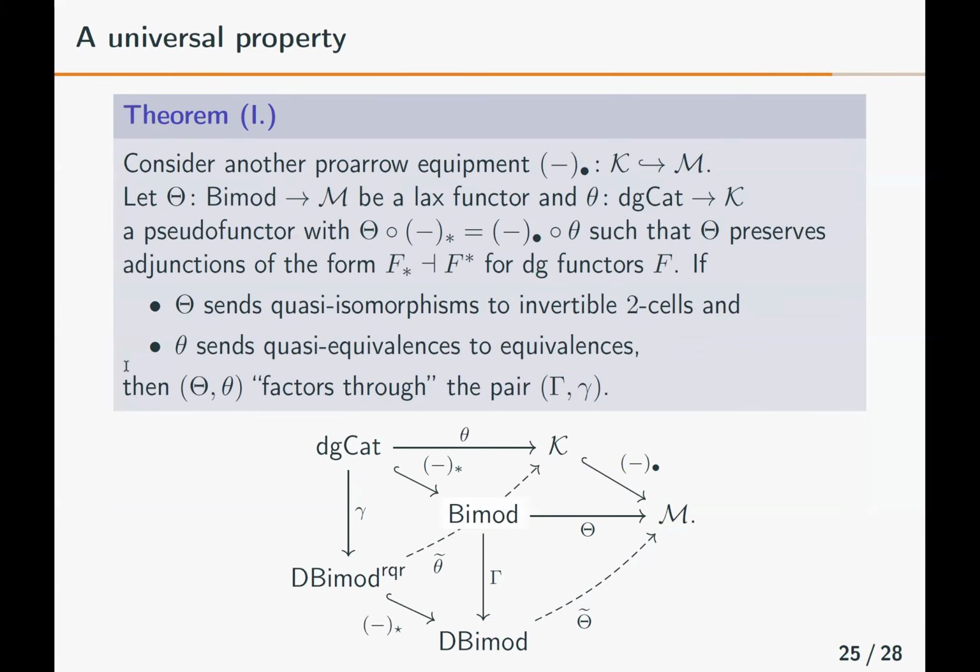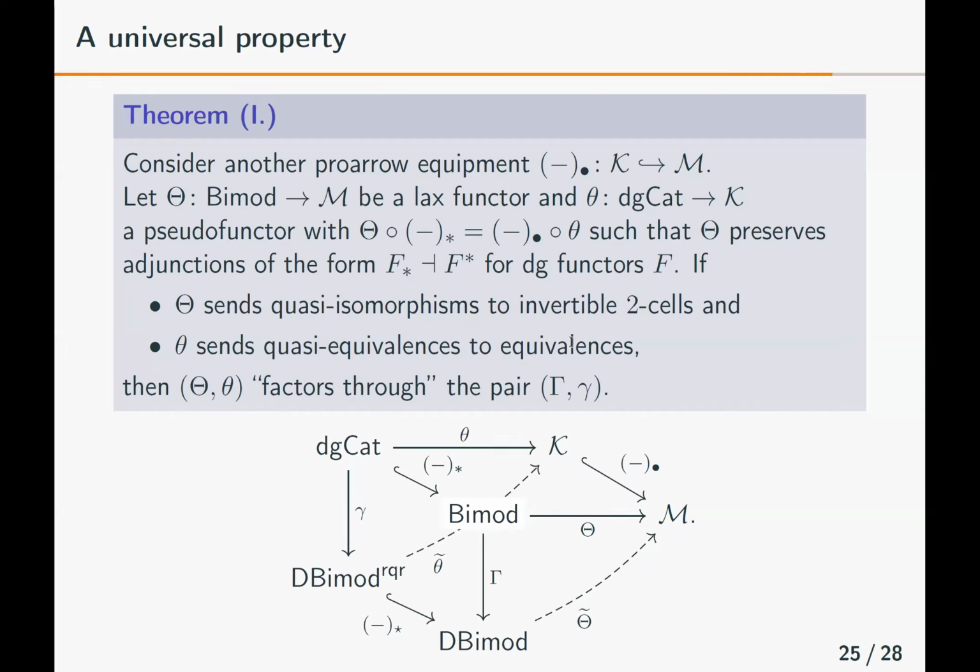That is, we can show the following. Suppose that we are given another pro-arrow equipment, Barrett, from K to M, together with a morphism from asterisk to Barrett.